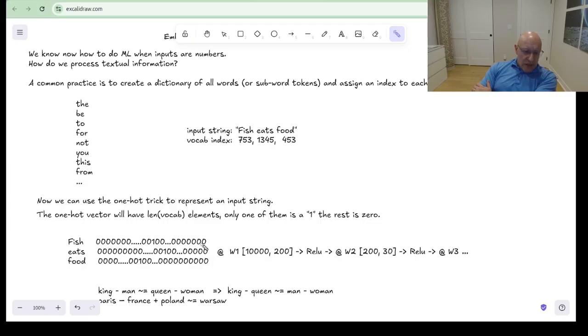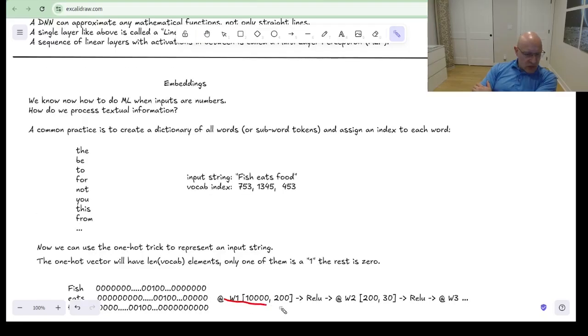Now, this is not quite how we do it in real life, because this matrix is quite large, and as the vocabulary becomes bigger, it will get even larger. We don't want to waste our resources doing this huge matrix multiply.